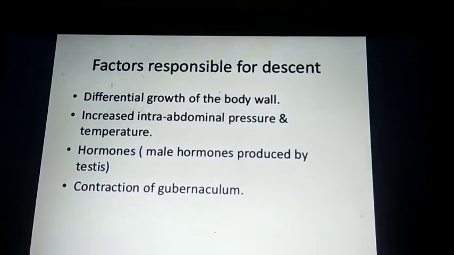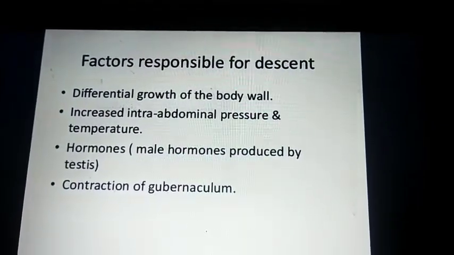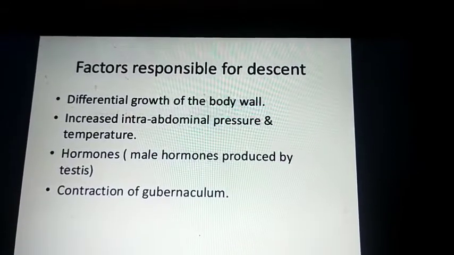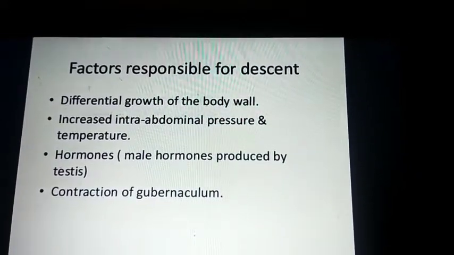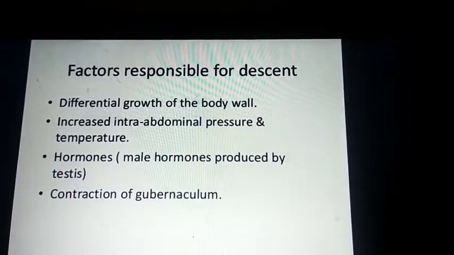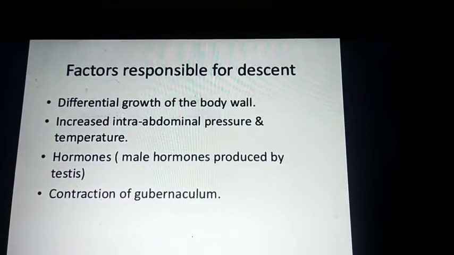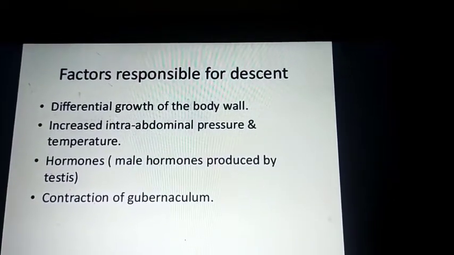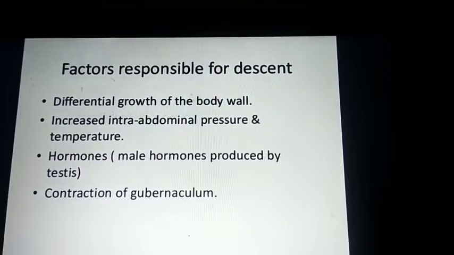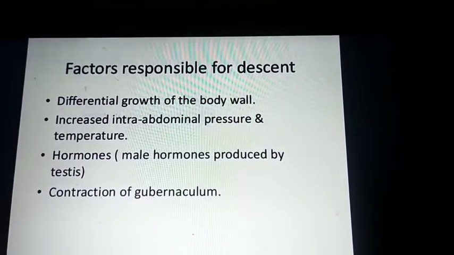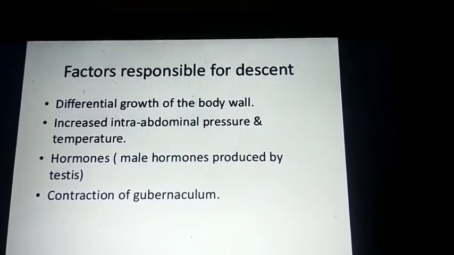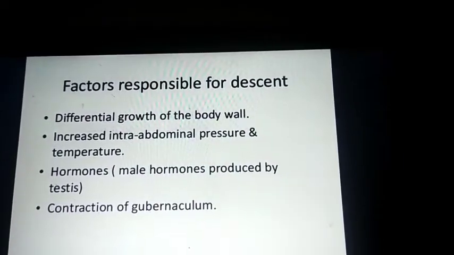Why is descent needed? To maintain the temperature, or thermoregulation, because the testis produces the spermatozoa, or sperm. Because of that the testis descends from the intra-abdominal cavity to the scrotum.